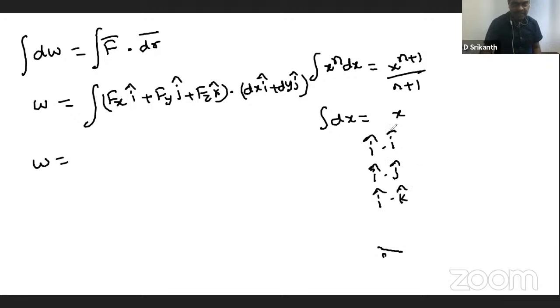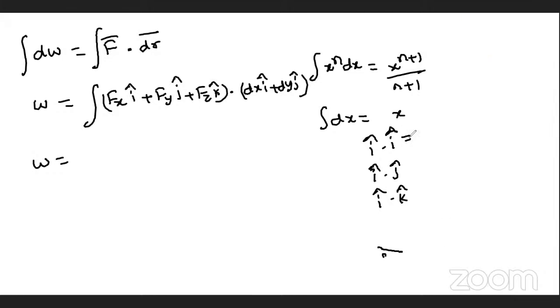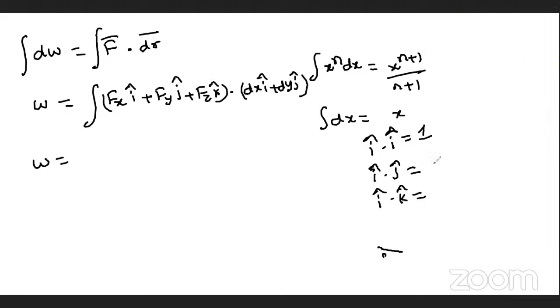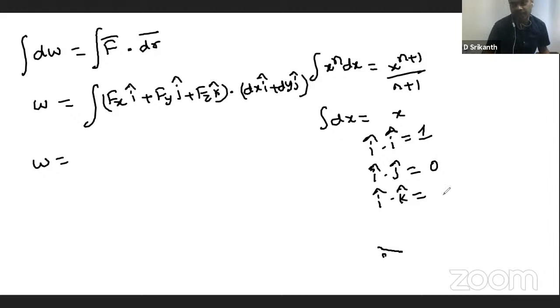What is the value of i cap dot i cap? 1. i cap dot j cap is 0. i cap dot k cap is 0. So Fx i cap dot dx i cap gives integral Fx dx, since i cap dot i cap equals 1.